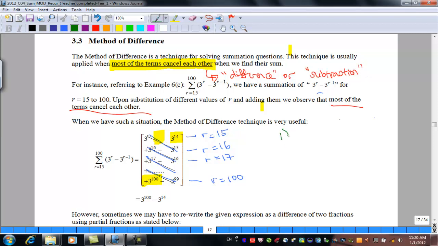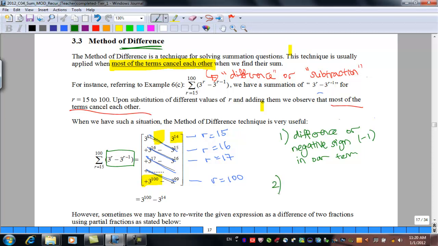The first key point, of course, since it is talking about difference, is that we are definitely going to need to have a difference or negative sign, which can also be minus 1, in our general term. When I say term, please recall that I'm talking about the formula in this part.